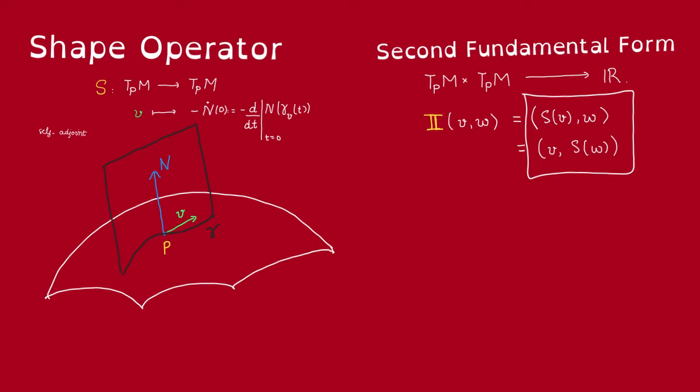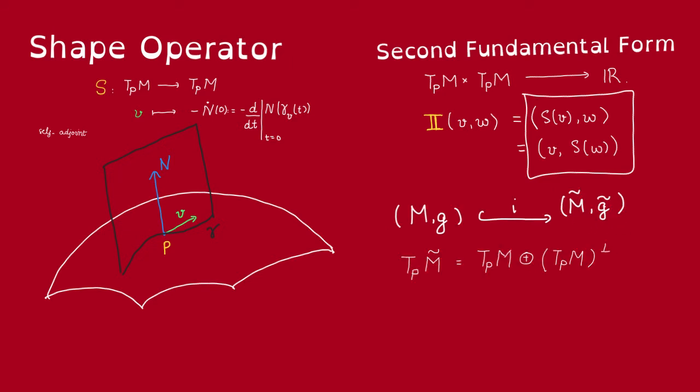The important thing to note here is that in this definition, we needed an ambient space, because it doesn't make sense to talk about a normal vector if we didn't have an ambient space to put this surface in. So in our discussion of the shape operator and second fundamental form, we're going to assume that our manifold is isometrically embedded into some ambient Riemannian manifold. Once we have an ambient manifold, it makes sense to talk about normal vectors, because the tangent space at P of this ambient manifold has this orthogonal decomposition.